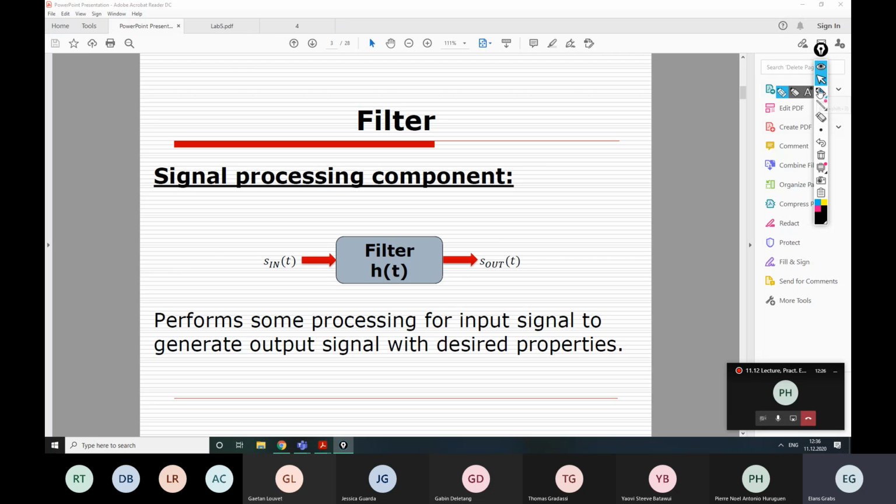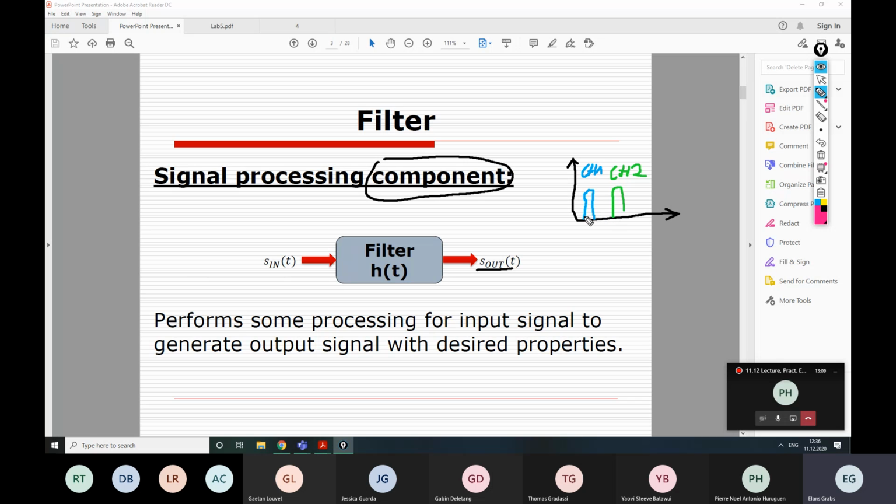So basically, a filter is a signal processing component which forms the output signal with some properties desirable for us. Most often we are talking about filtering as frequency selective processing, meaning that, for example, we have multiple times discussed that we have several channels, for example channel 1 and channel 2 and so on, and we need somehow to separate those channels.